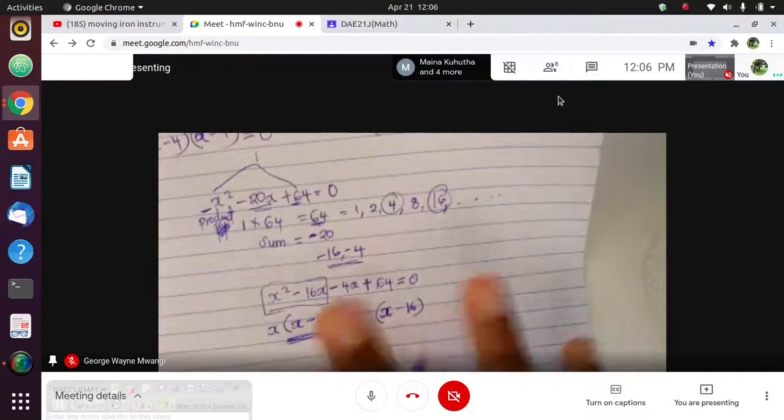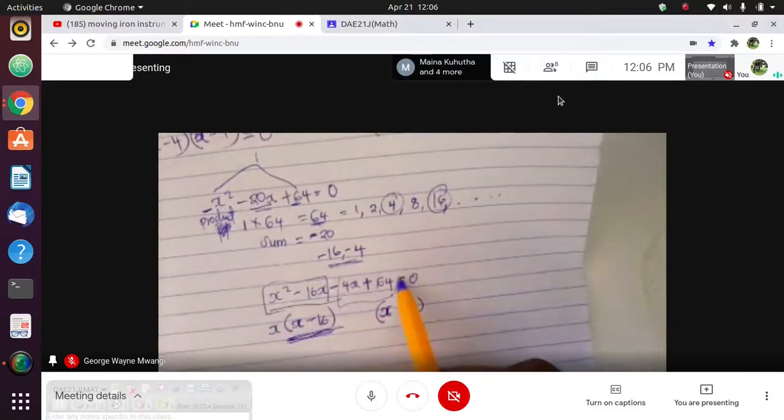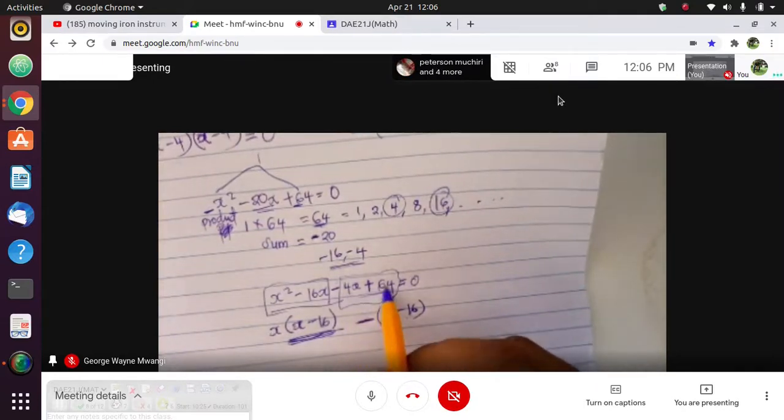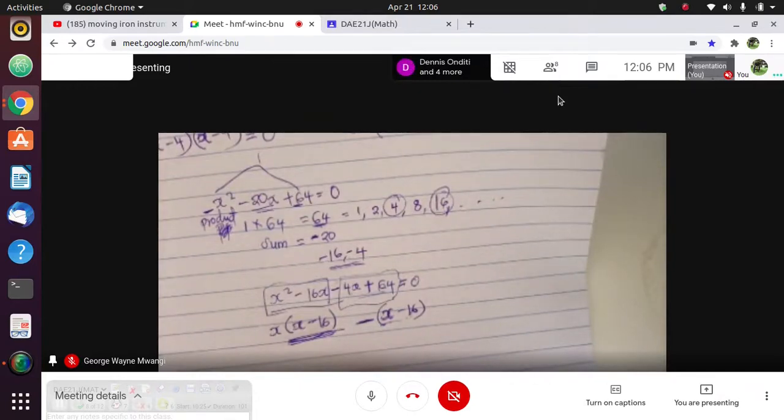So you don't even have to think about what value will be in the brackets in the second set of variables. Now what we are interested in is what number will I multiply this bracket x minus 16 by to give me minus 4x plus 64. What will it be?